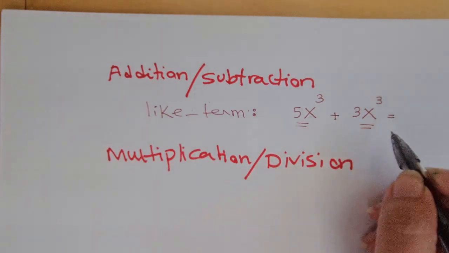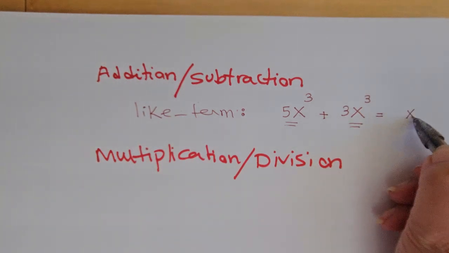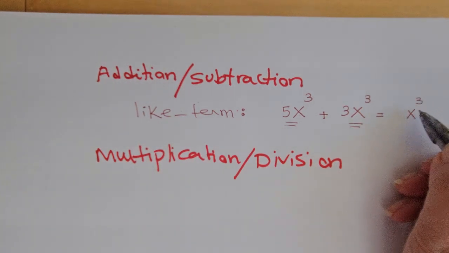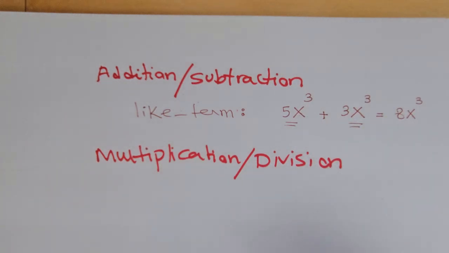We write down the common part, which is x to the power 3, and we add the coefficients. In this case it would be 8. So if you want to do addition or subtraction, the first thing you have to do is identify the like terms. When you identify the like terms, then you can add or subtract the coefficients.